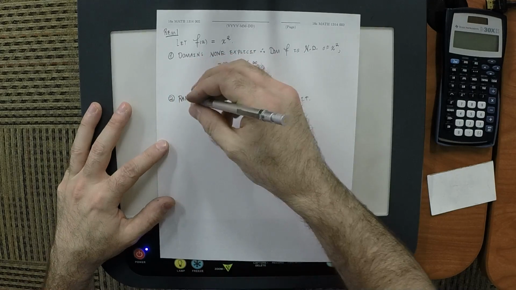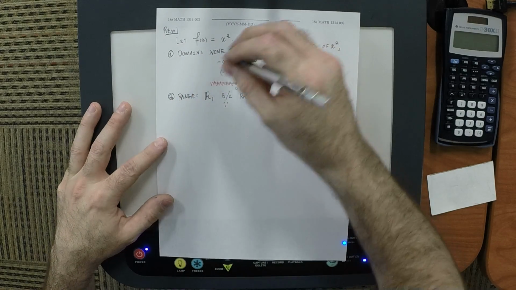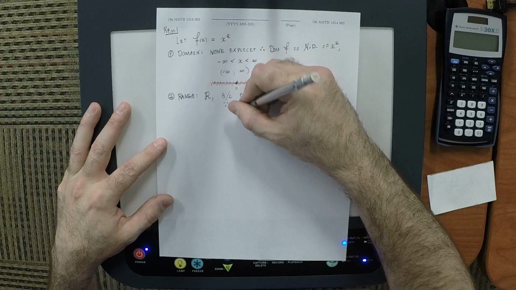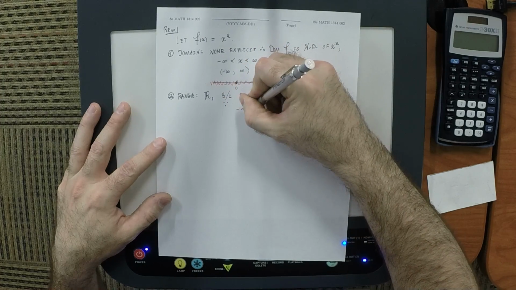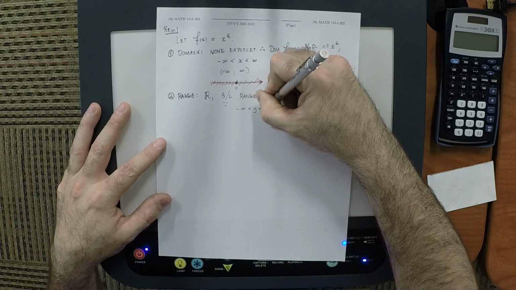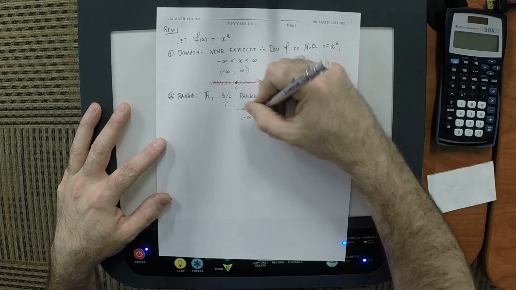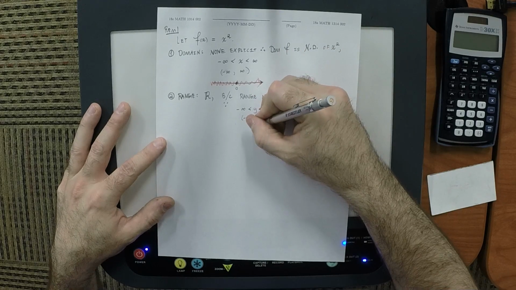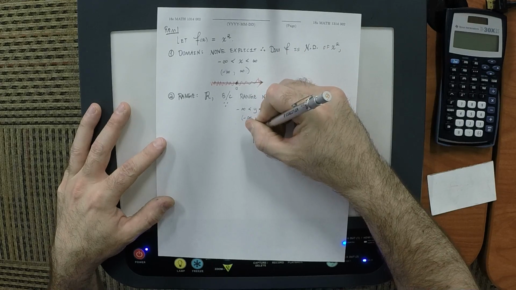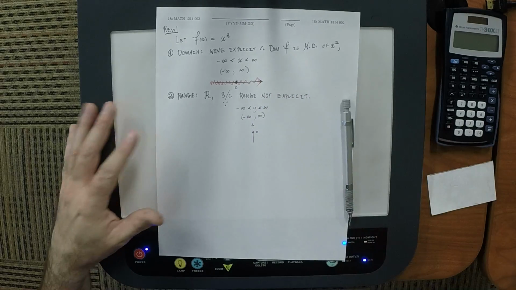Okay. As a result, writing these three forms here, we could say negative infinity less than y less than infinity, negative infinity to infinity. And then as a plot, again, it would be the whole thing, but vertical.